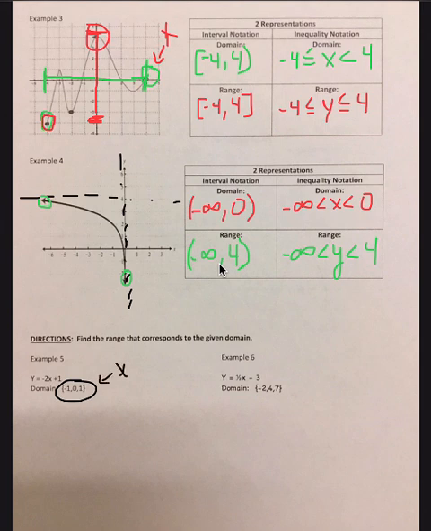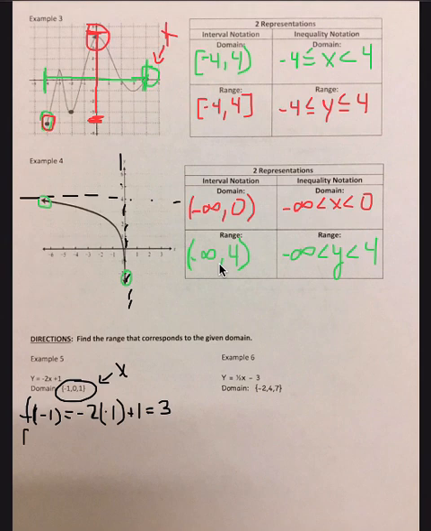So we plug those in. We would say f of -1. So when x equals -1, this is -2 times -1 plus 1, which equals, so -2 times -1 is +2 plus 1 is 3.